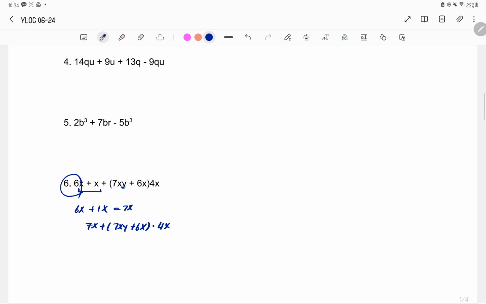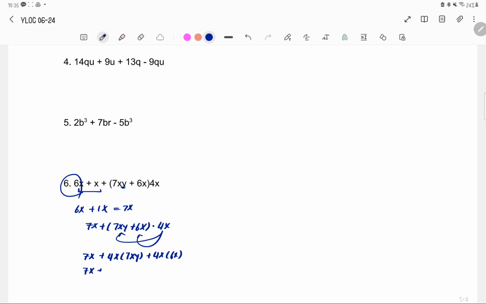So we see one thing again: distribution, right? Because there are parentheses and addition inside it. It can be subtraction, but in this case it's addition. So we're going to distribute again. 7x plus 4x times 7xy plus 4x times 6x.